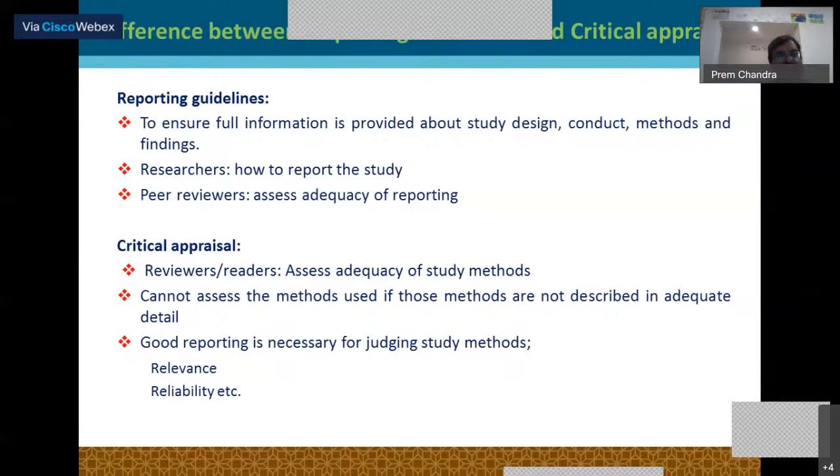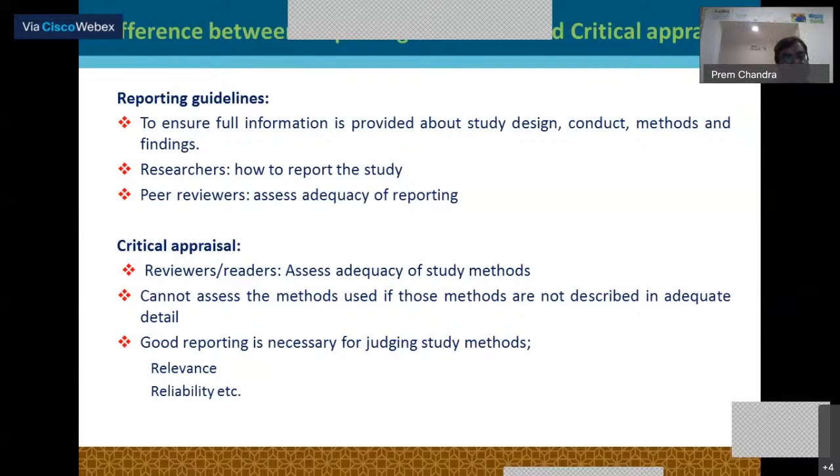So the clear difference is that in the guideline, we focus more on reporting, whereas in critical appraisal, we focus more on evaluating the methods which had been used in that particular study.